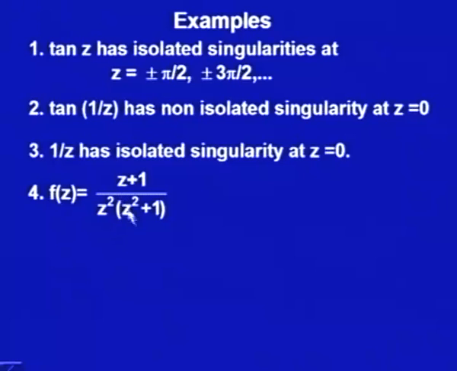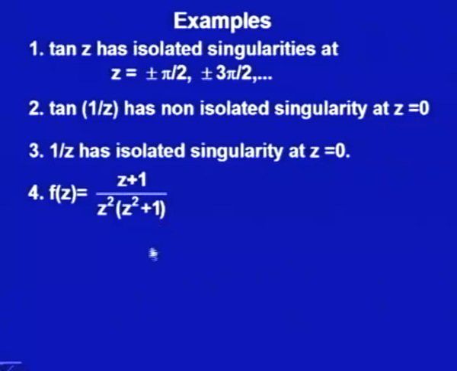Now, let us take another example. f of z is z plus 1 upon z square into z square plus 1. We see this is a rational function, where the numerator is a polynomial as well as the denominator.